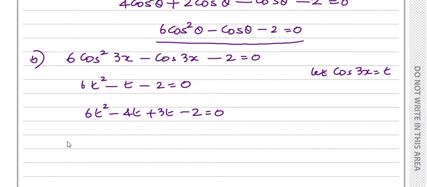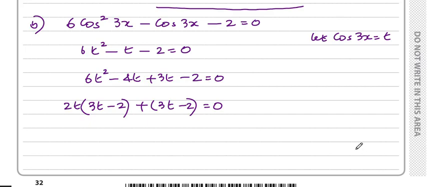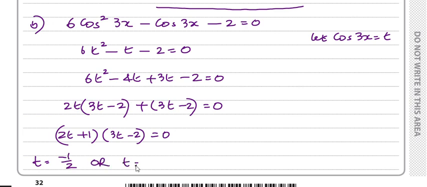So if I factorize this, I have 2t times 3t minus 2 plus 3t minus 2 is equal to 0. Therefore, 2t plus 1 bracket 3t minus 2 is equal to 0. Hence, t should be equal to minus 1 over 2, or t should be equal to 2 over 3.